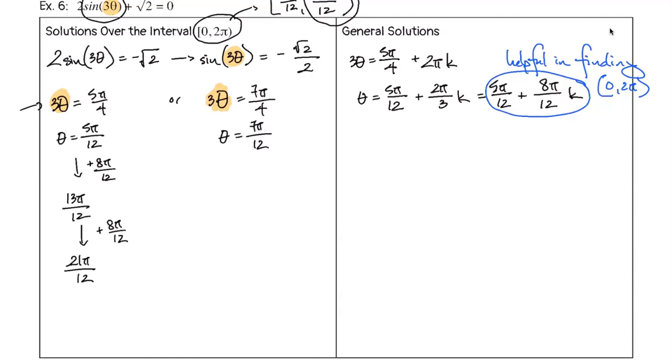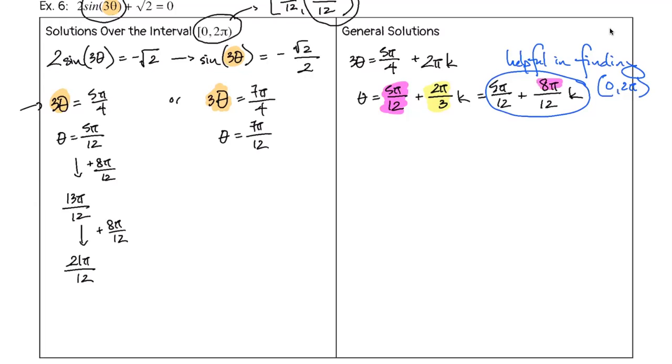We are adding, let's go back to that question first because I think that's important. Why are we adding 8 pi over 12? Because our solution says that we start at 5 pi over 12 and then we add 2 pi over 3. We add multiples of 2 pi over 3. But I know that when I add fractions, I need a common denominator.